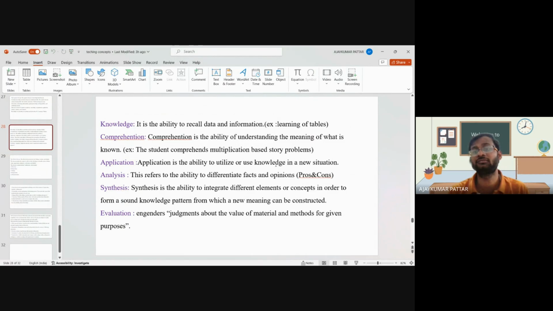So any doubt? I will stop my screen sharing. Any doubt? Any suggestion, any feedback, you are free to message, interact. Ultimately our aim is that you take some knowledge and you crack the NTET.